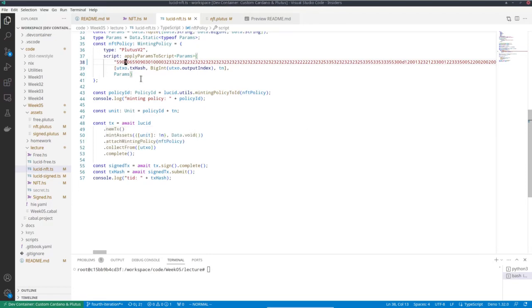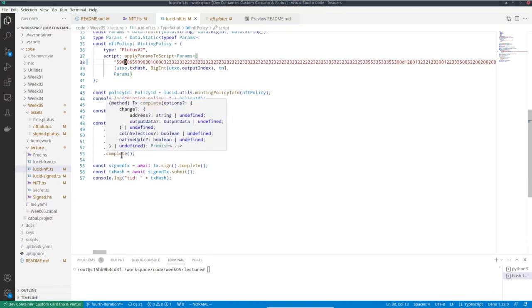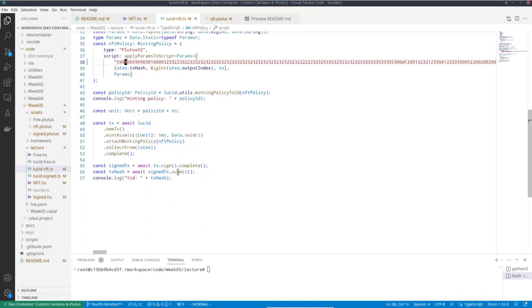Recall that was just the first UTXO in my wallet, and Lucid has some sort of coin selection algorithm to pay for the fees, but it's not guaranteed that it will pick this UTXO that I specified as an input to the transaction. And I complete. I sign, I submit, and that's it.